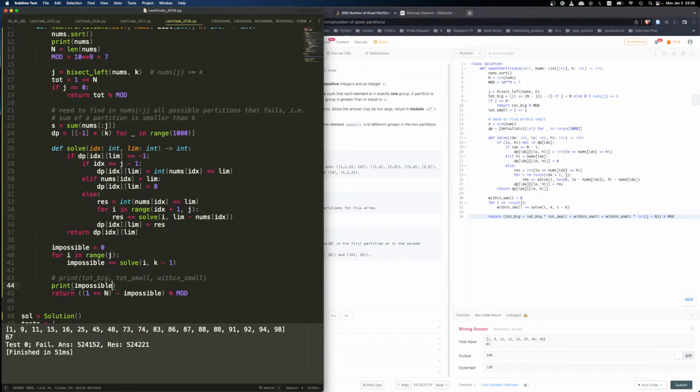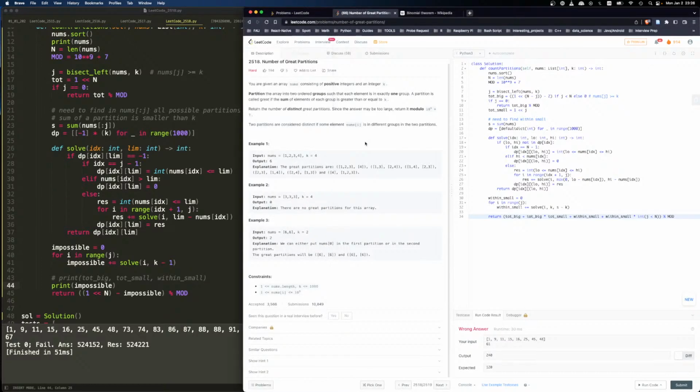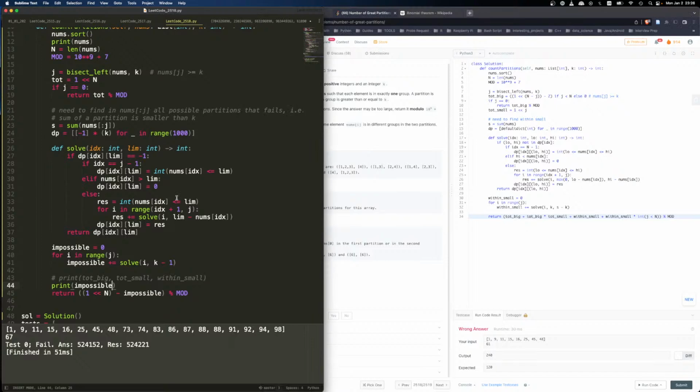Impossible, which means within to j, we need to have something that's smaller than k. Right? Smaller than k.